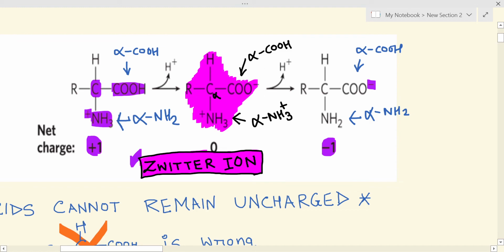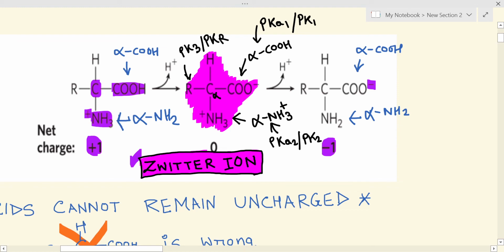This alpha carboxylic group will have pKa1 or pK1. This will have pKa2 or pK2, and this R group will have pK3 or pKr values.